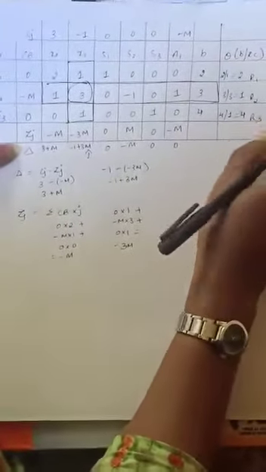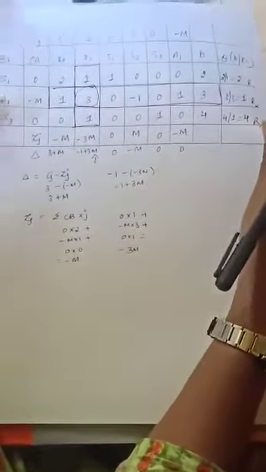Similarly, I have to divide the entire row, that is R2, by 3. So my next operation is, I make the next iteration over here and I get the values.